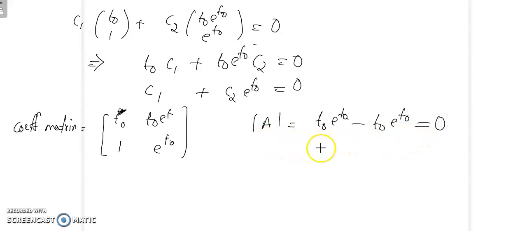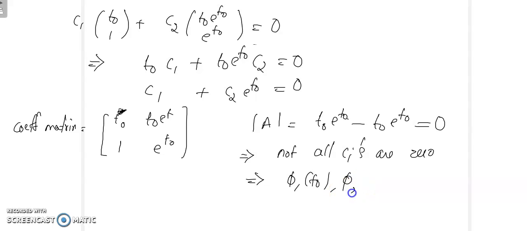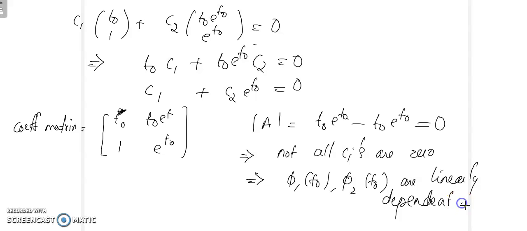So this being equal to 0 implies the system has a non-trivial solution. That implies not all the ci's are 0. So that implies phi 1 of t naught and phi 2 of t naught are linearly dependent. So we have got that phi 1 of t and phi 2 of t are linearly independent, but phi 1 of t naught and phi 2 of t naught are linearly dependent.